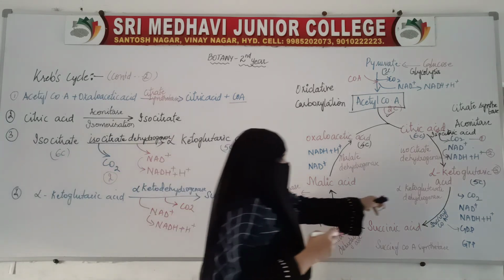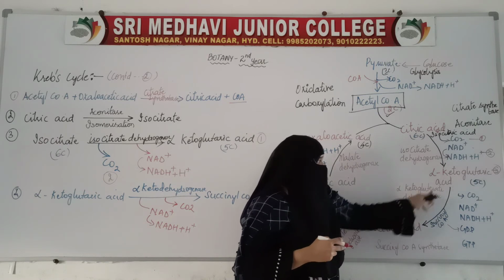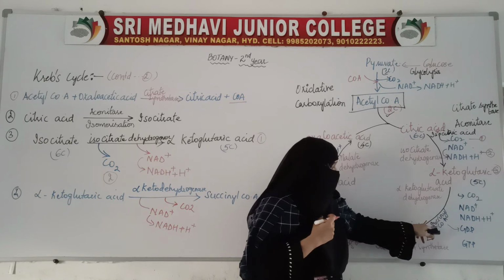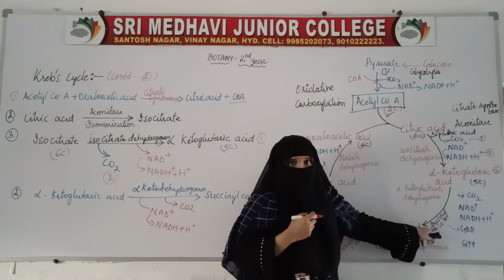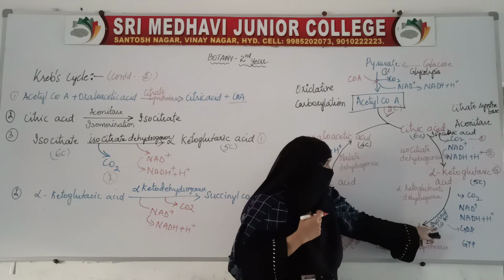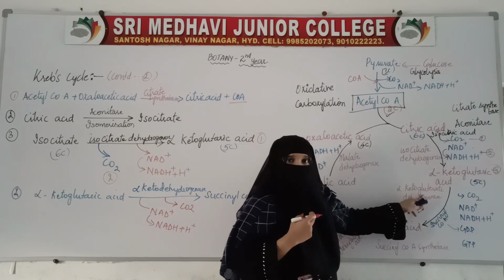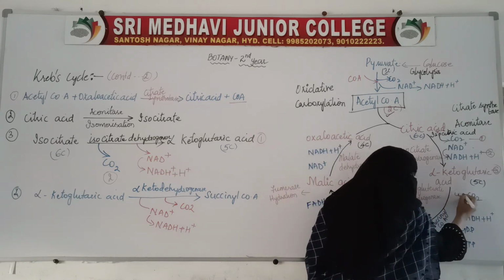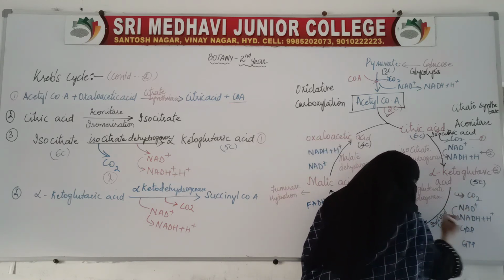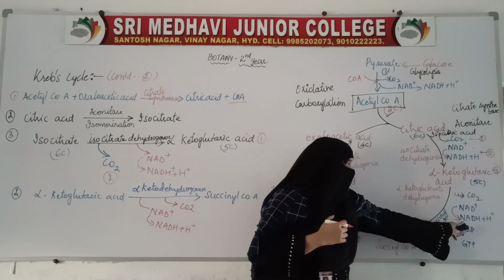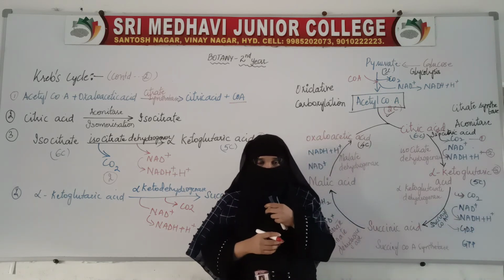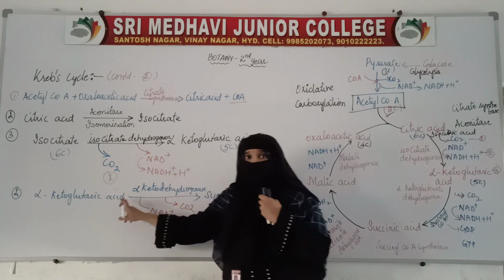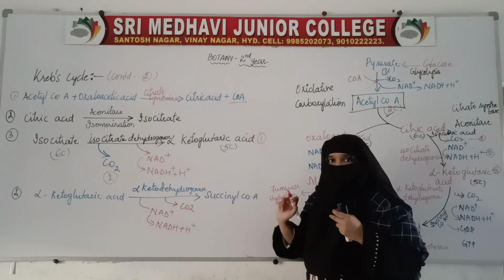Here you see this alpha ketoglutaric acid has changed into another compound, that is succinyl coenzyme A. So during this reaction, with the help of alpha ketoglutarate dehydrogenase, a molecule of carbon dioxide is released and NAD plus is reduced to NADH plus H plus. So during this fourth reaction, alpha ketoglutaric acid has changed to succinyl coenzyme A.